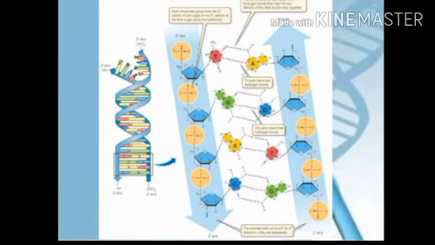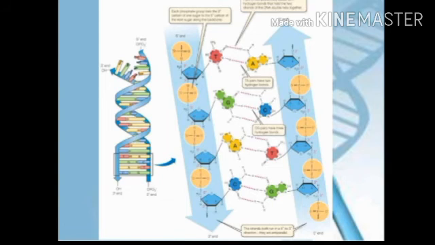In this diagram we see that sugar phosphate molecules joined to each other form the vertical bar of DNA, and nitrogen base pairs are perpendicular to this chain.